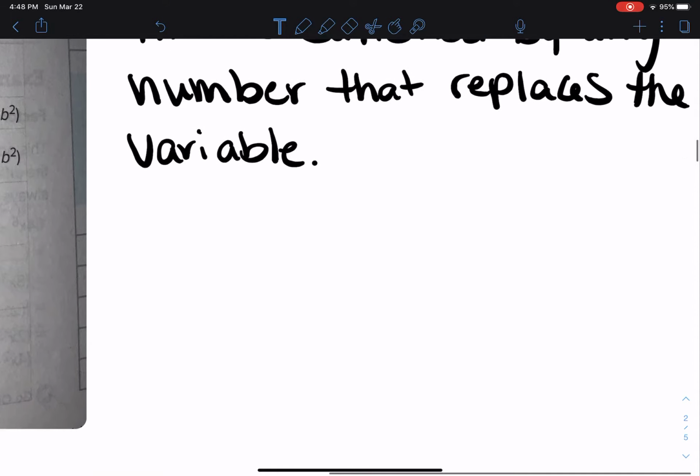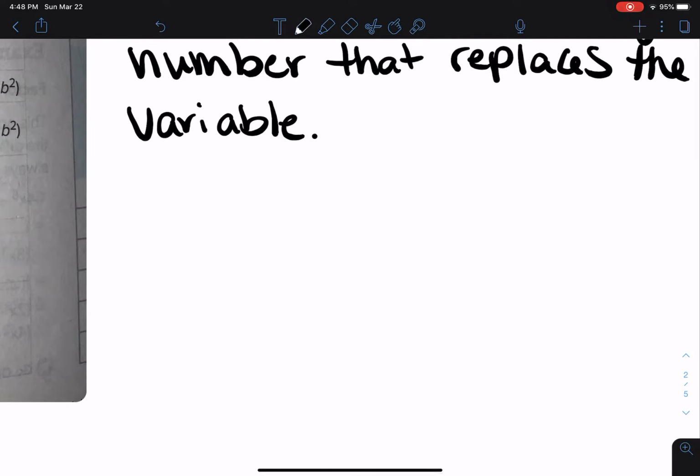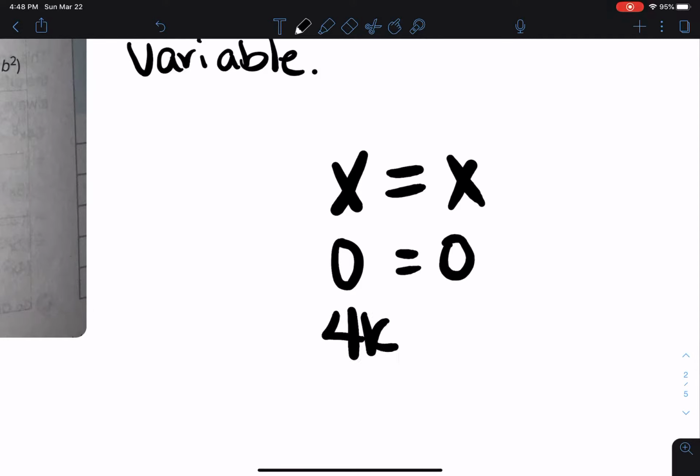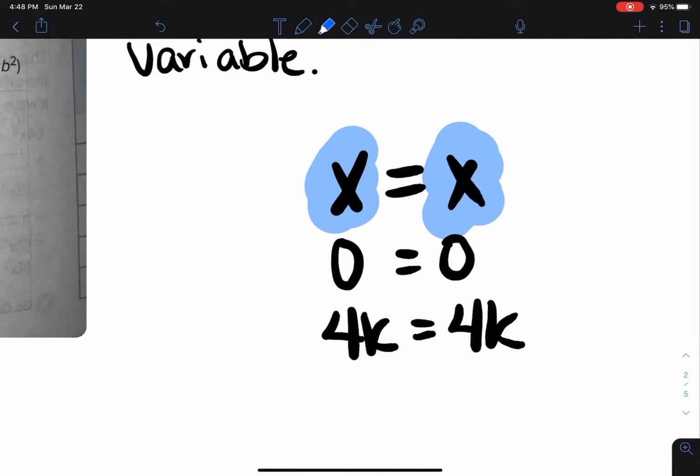So like, here's a very basic identity maybe. X equals X. No matter what you put in for X, it's going to be true. If I put 0 in for X, 0 equals 0. If I put 4K in for X, it's going to be 4K. No matter what I put in for X, it is still going to be equal to X, okay?